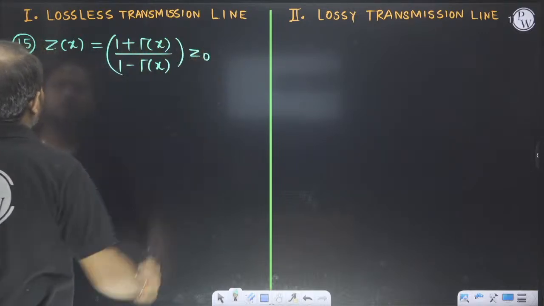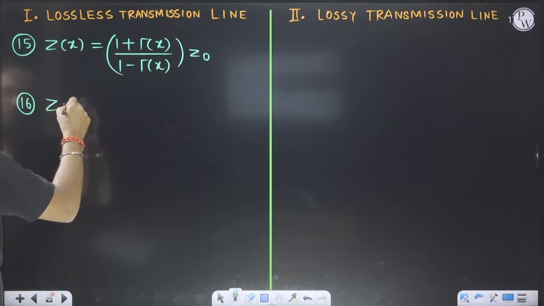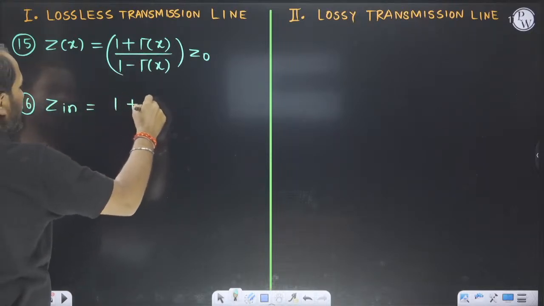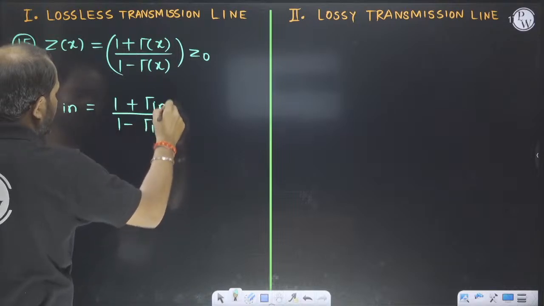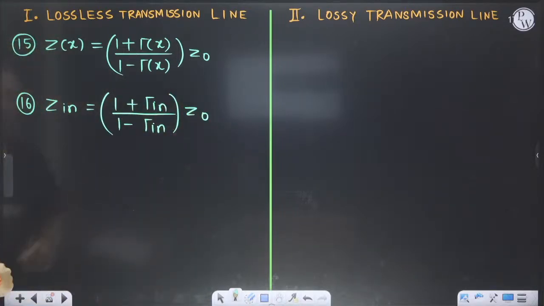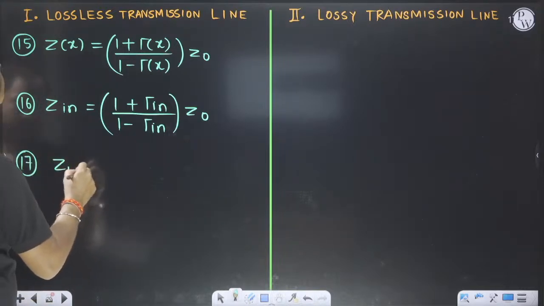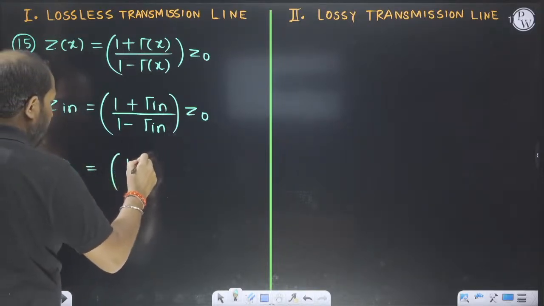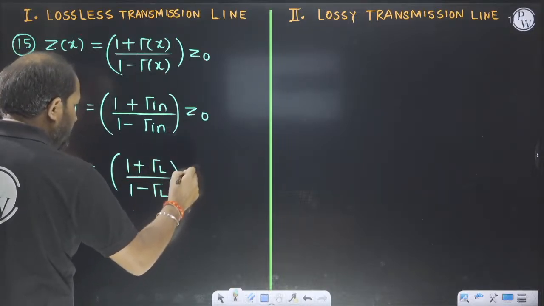So we have 16. Zin is equal to, so I will take gamma in from input side, 1 plus gamma in upon 1 minus gamma in into Z0. Or for ZL, I will take reflection coefficient at load, so 1 plus gamma L upon 1 minus gamma L into Z0.